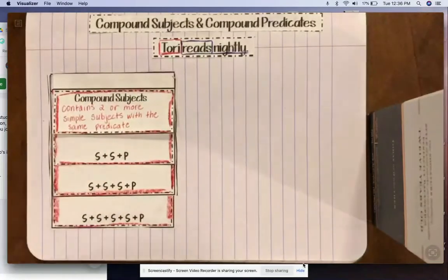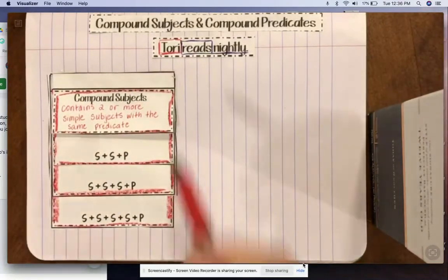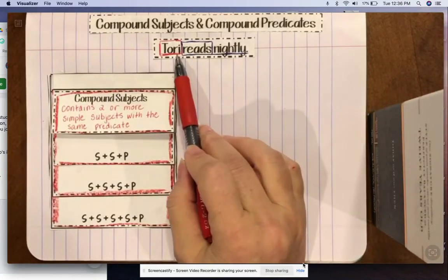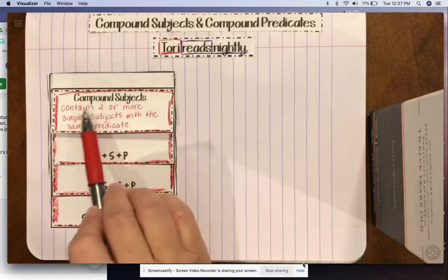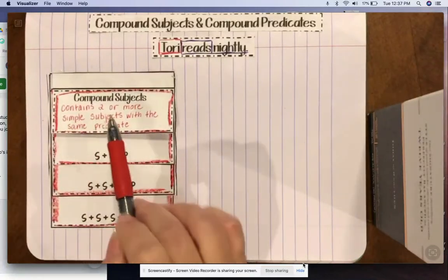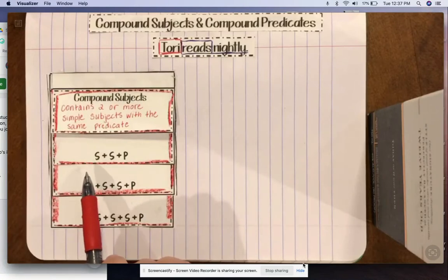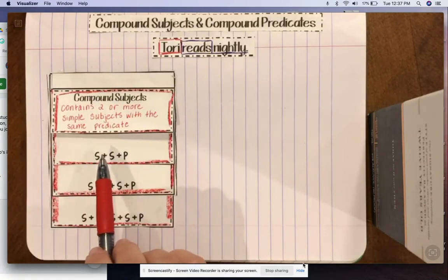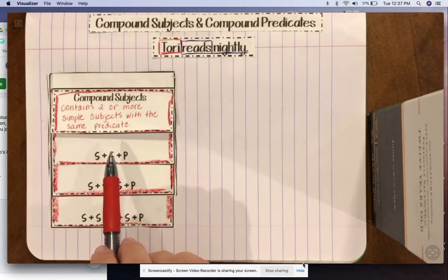Okay, there's our definition. So up here we just have a simple subject. But this says a compound subject contains two or more simple subjects. So if you need more time with writing, all you have to do is pause. Just a reminder.